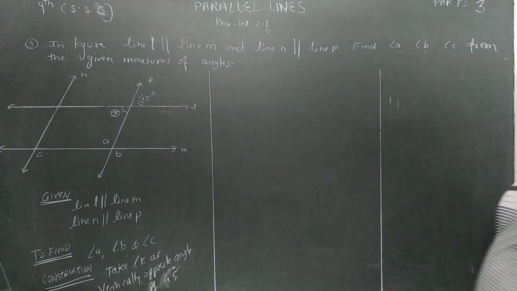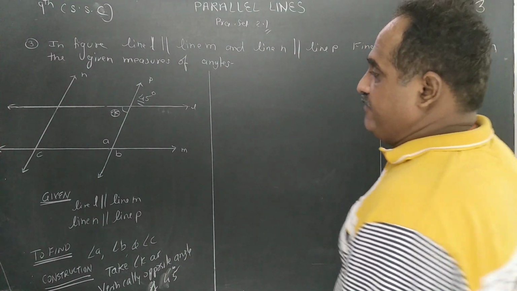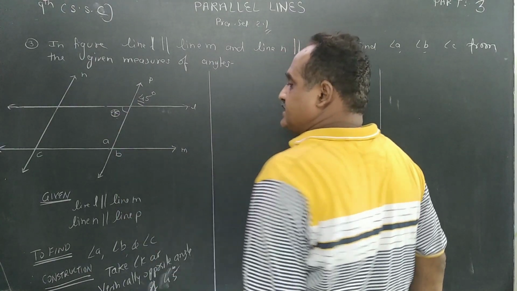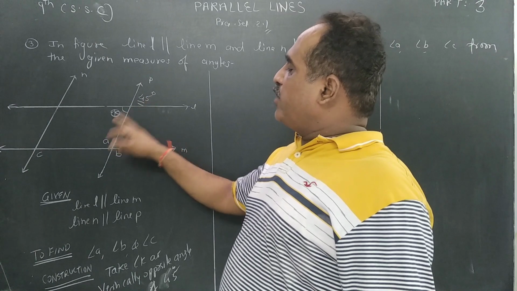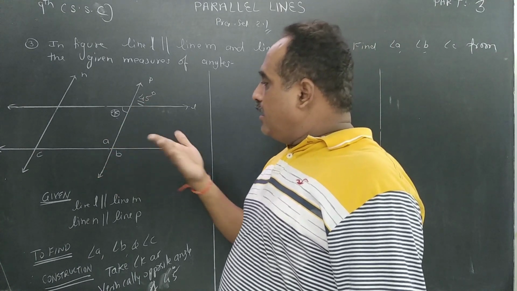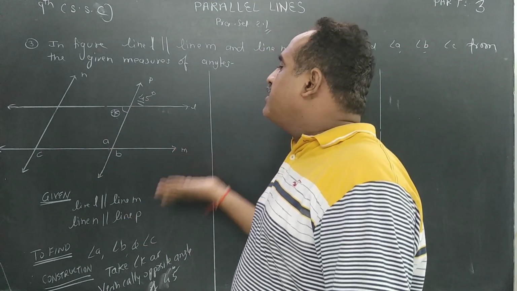Now take angle K. We have taken angle K as 45 degrees. Why? Because we don't have any direct relation between 45 and A or 45 and B. There is some relation, but it is only in our higher studies.